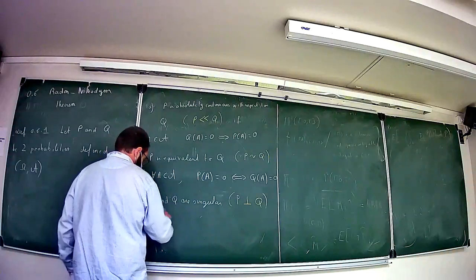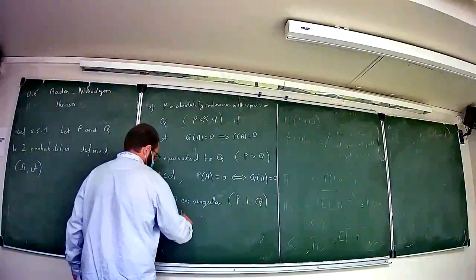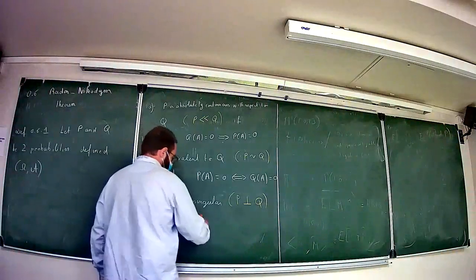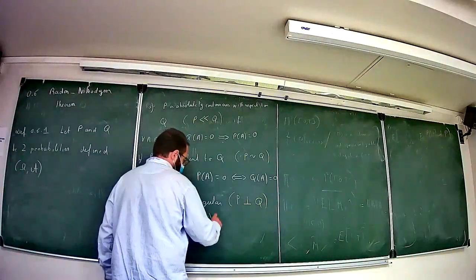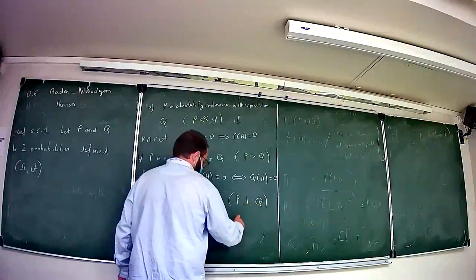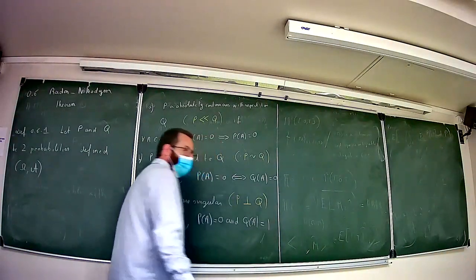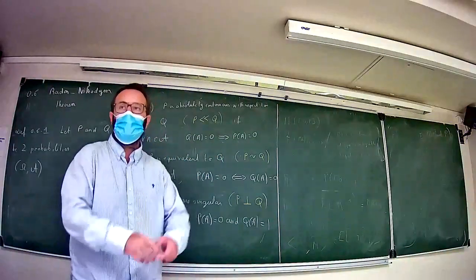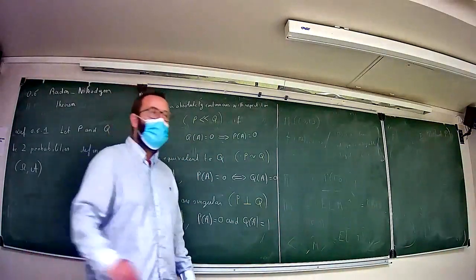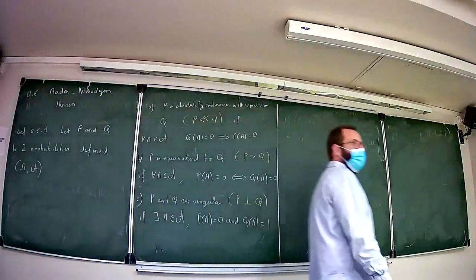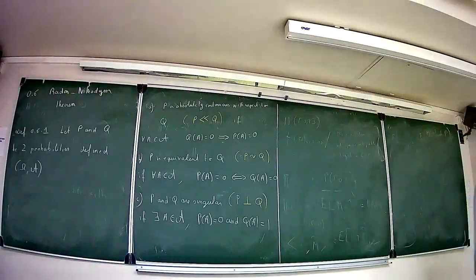If there exists an A belonging to calligraphic A, such that P of A is equal to 0, and Q of A is equal to 1. So something that is really different, okay? You have one set with proba 0 for one and 1 for the other. Okay?